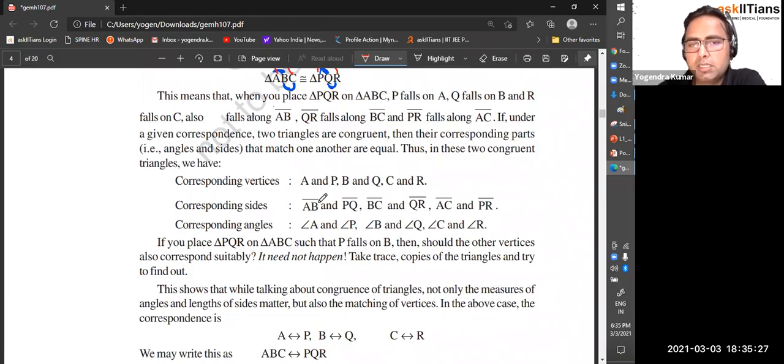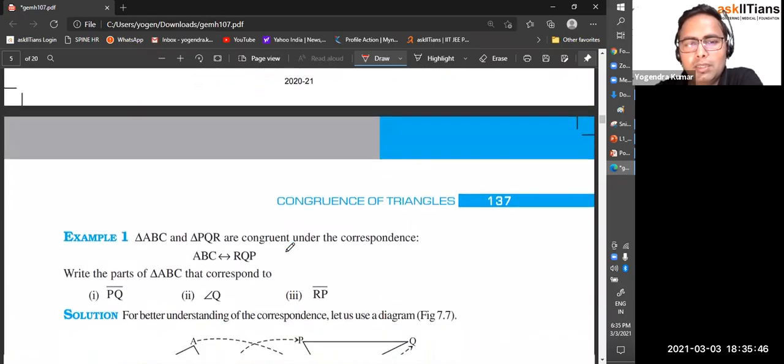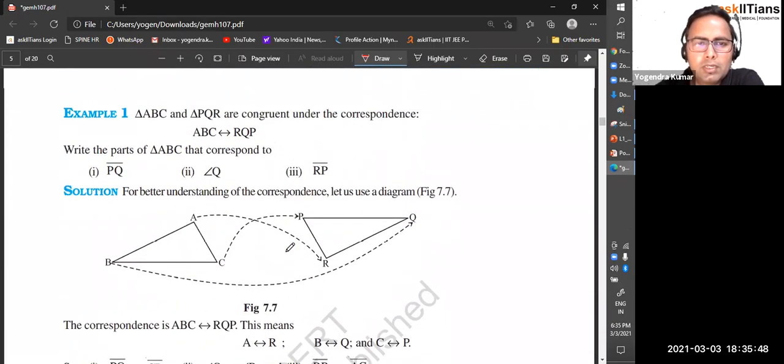And by the way, this is the corresponding symbol. A corresponds to P, B corresponds to Q, C corresponds to R, and triangle ABC corresponds to, we may write with the congruent symbol, triangle PQR.